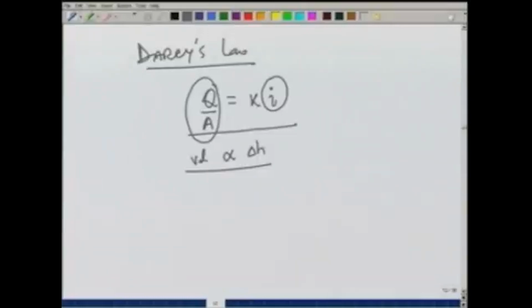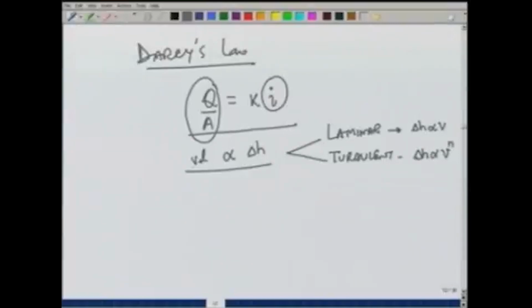Now, in laminar flow, we have already seen in pipe flow cases that for laminar flow the head loss is proportional to velocity, and for turbulent there is a non-linear relationship where head loss is proportional to velocity to the power n, typically n is around 1.7, 1.75.